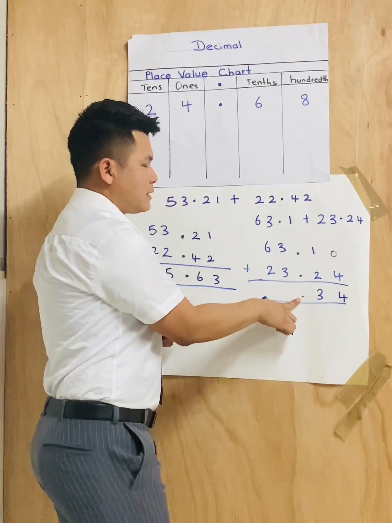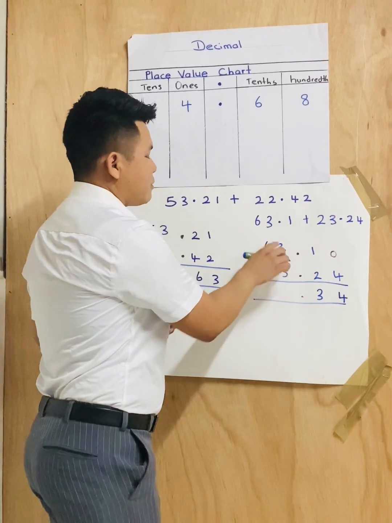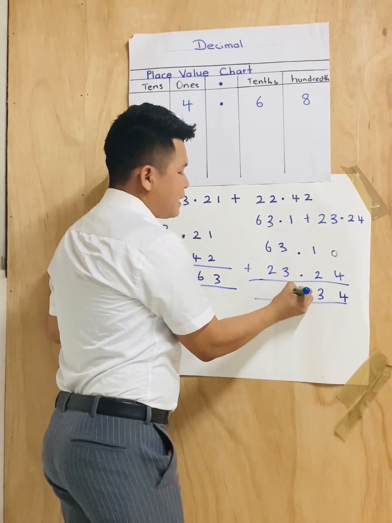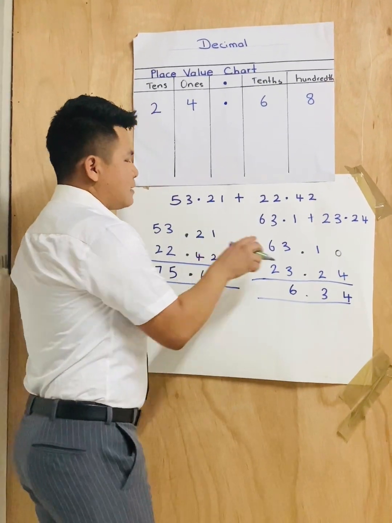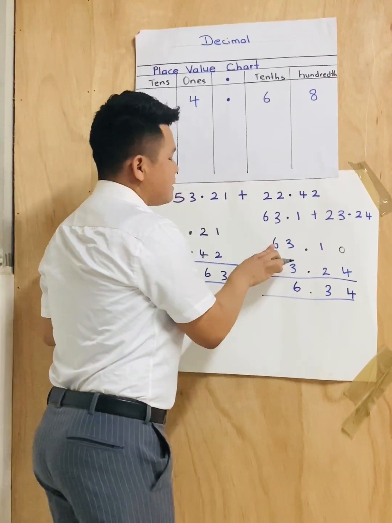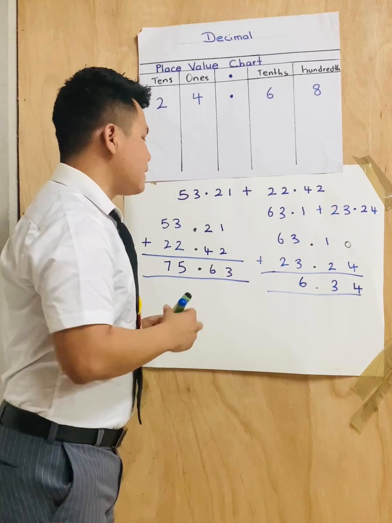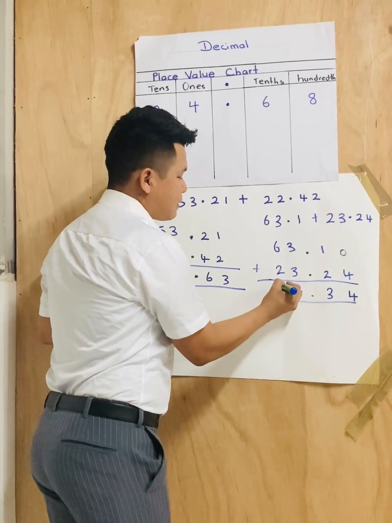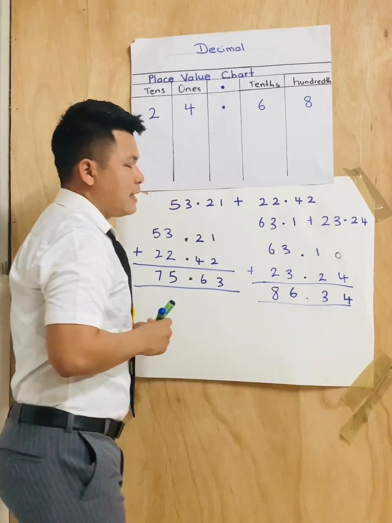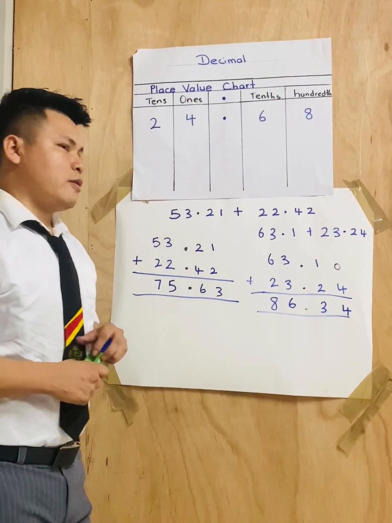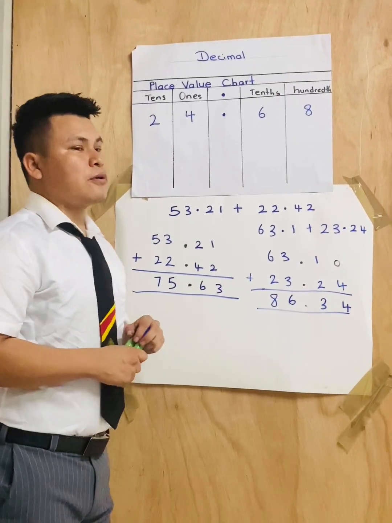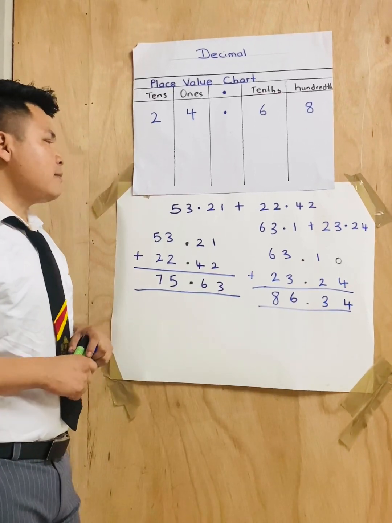Our decimal point is already there. 3 and 3 would give us 6. 6 and 2, call yourself 6 and add 2, 6, 7, 8. So our answer is 86.34.